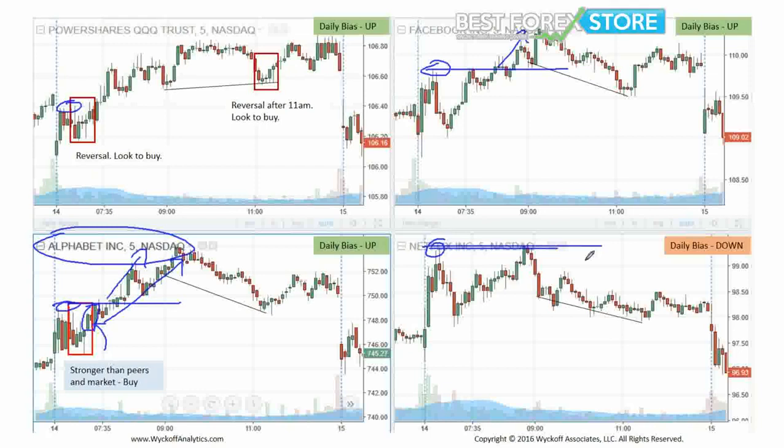Secondly, I know the structures of the stocks in and out, so I know exactly where they are in terms of their trend characteristics, in terms of their trading range characteristics. So I don't have to think in the morning about a long-term structure. All of the bias is already defined except for the intraday bias.